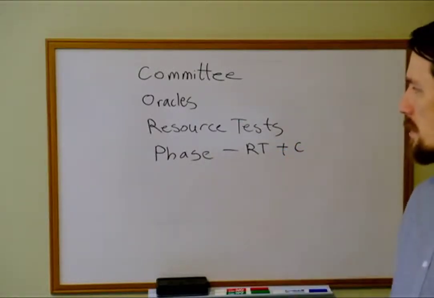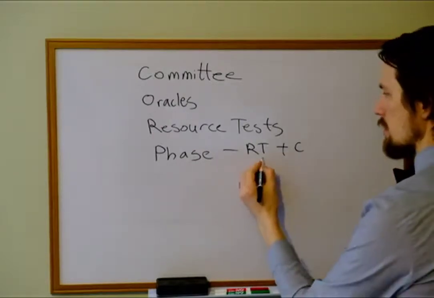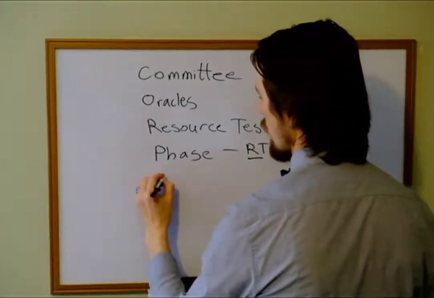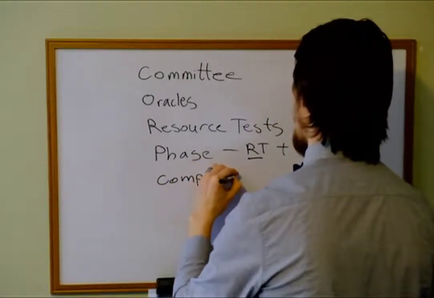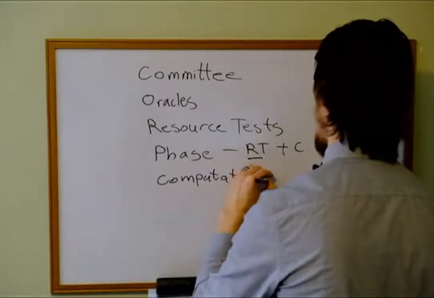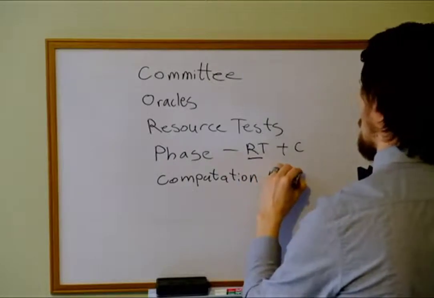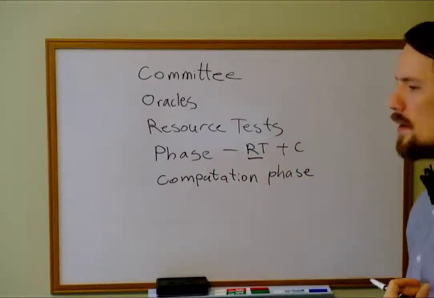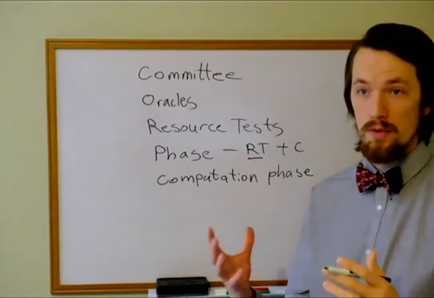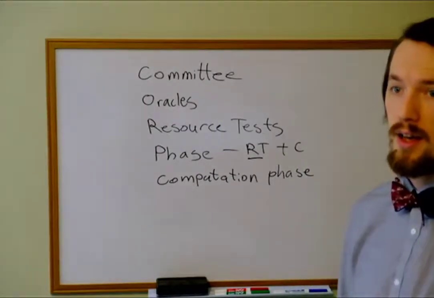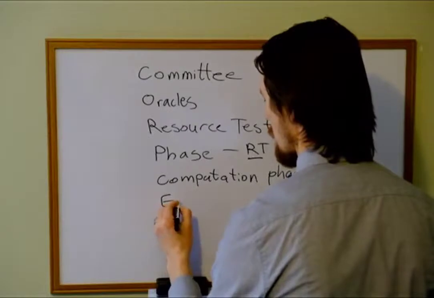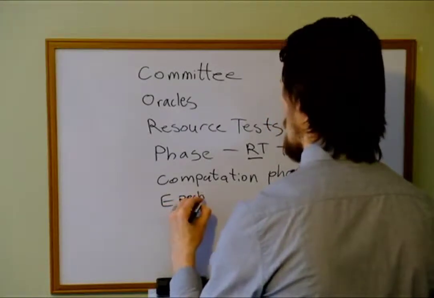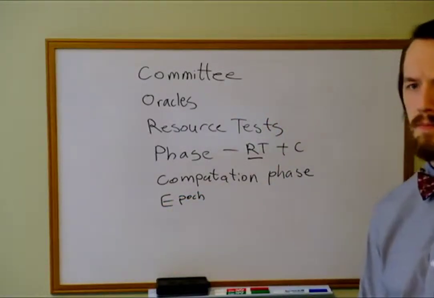There are two phases, a resource test phase and a computation phase, and both of these have finite duration. The combination of the two creates an epoch of that committee.